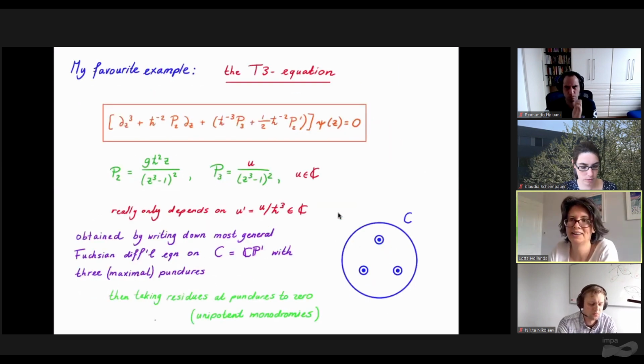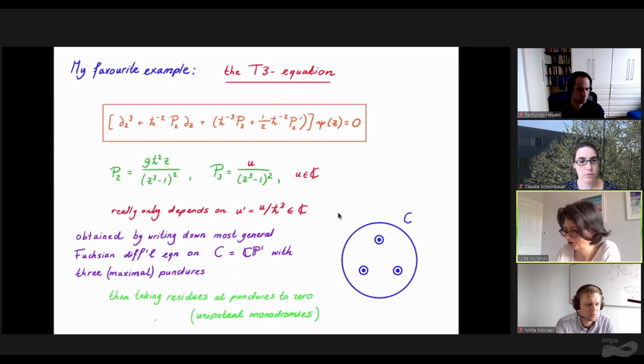Right, so let's go to my favorite example, the T3 equation. Remember that this was the linear differential equation of degree 3 on the 3-punctured sphere, which was characterized in terms of these terms P2 and P3. You might note that this differential equation really only depends on the ratio of U over h bar cubed, which makes the analysis a bit simpler, or at least to explain.